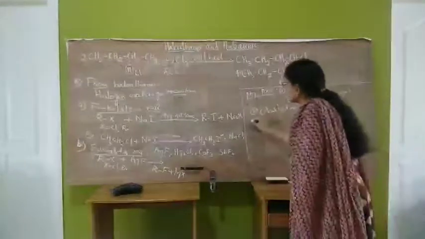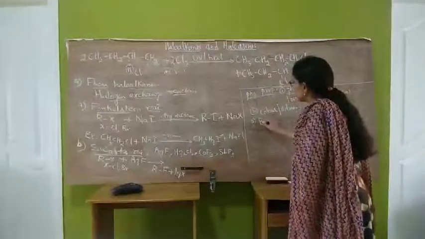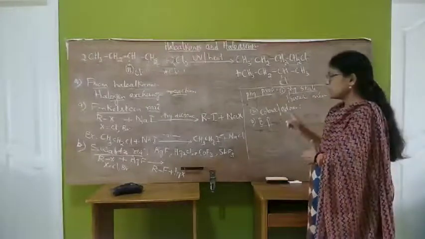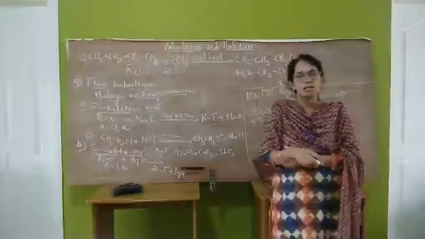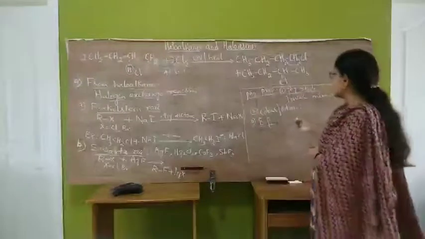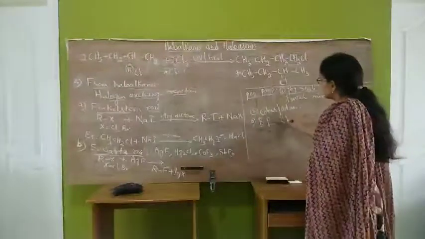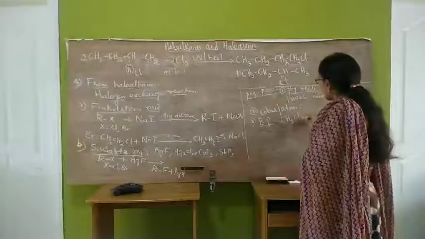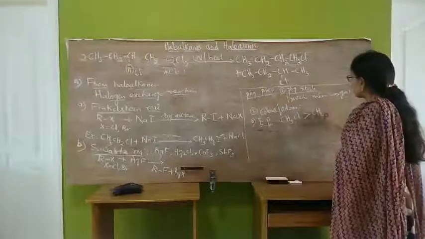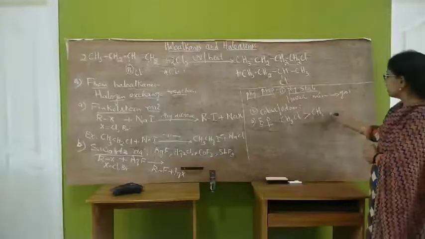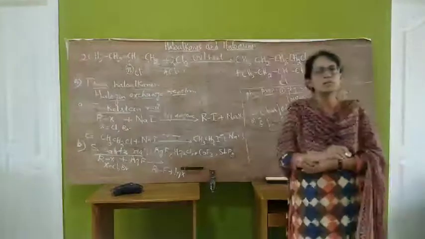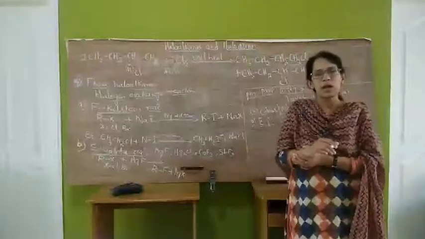So next physical property is boiling point. This is an important physical property. See, boiling points of haloalkanes are higher than the boiling points of corresponding alkanes. For example, the boiling point of methyl chloride is greater than that of methane, and similarly ethyl chloride or ethyl bromide has a boiling point more than ethane, the corresponding alkane.